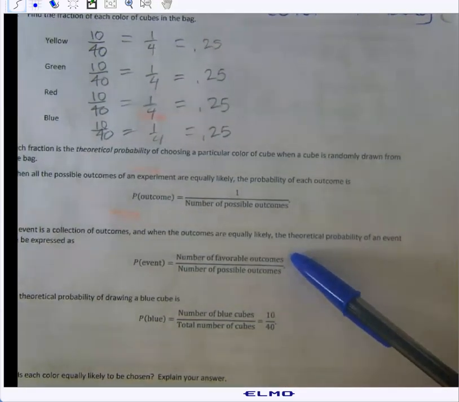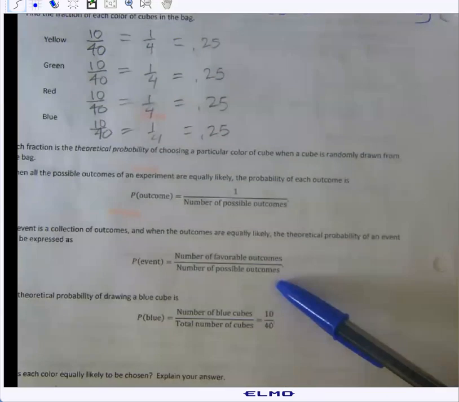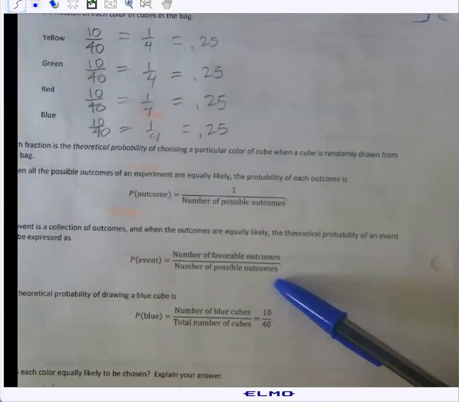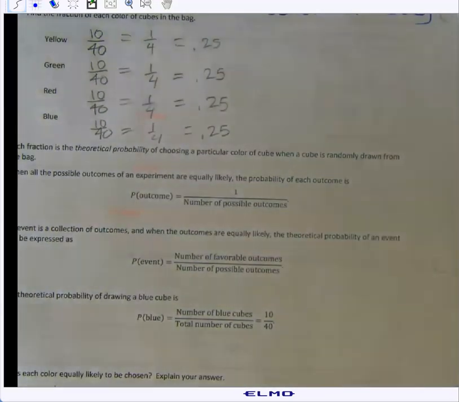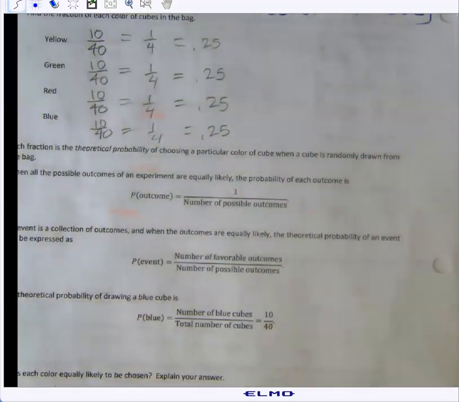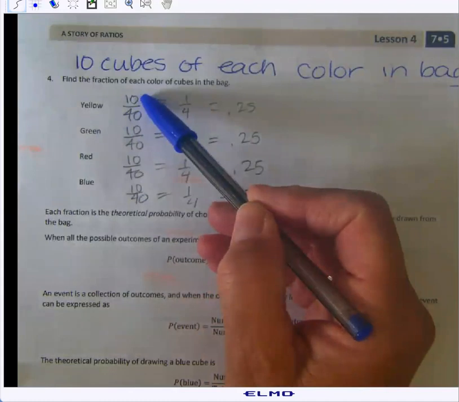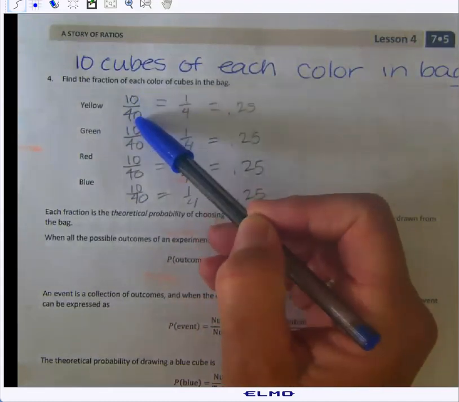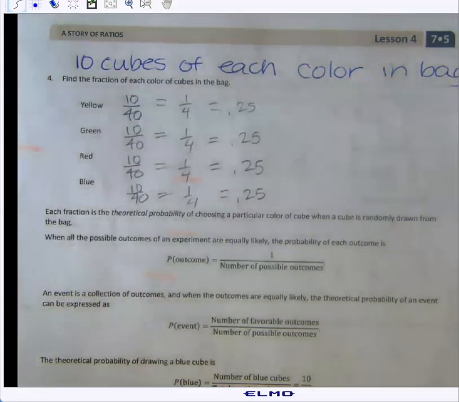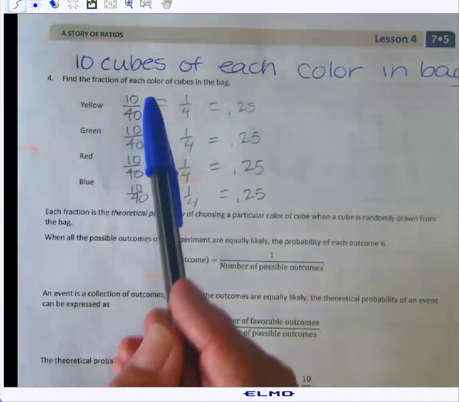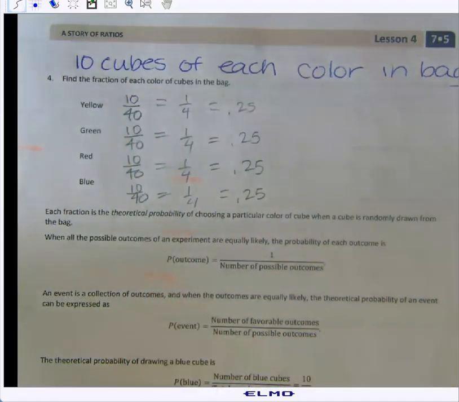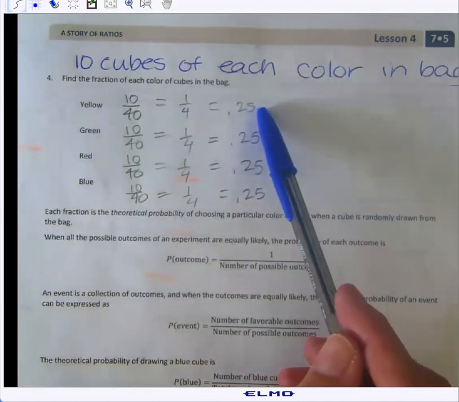There are 10. So you put that over the number of possible outcomes. How many cubes are in the bag? 40. So in other words, I have 10 chances to pick a yellow cube out of 40 cubes altogether. And that's how you calculate the theoretical probability. It's based on what you actually know. And look at that, it's exactly the same as the experimental.